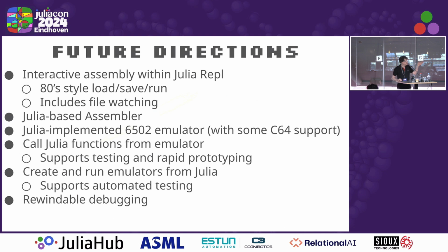Future directions: I do have a rewinder, so I can do omniscient debugging, but I don't have full hooks into that. But in another branch with some disabled code, I have a slider where I can go back and forth in time and see hello world unwind. And what I'd like to do eventually is, you can just create emulators.